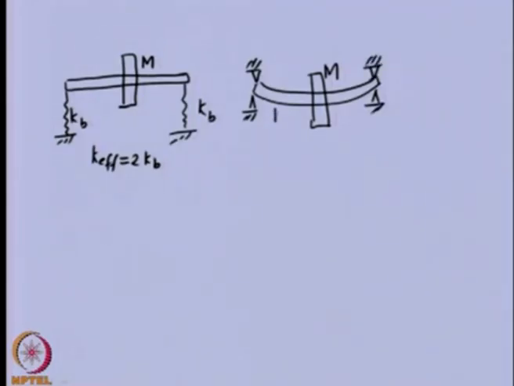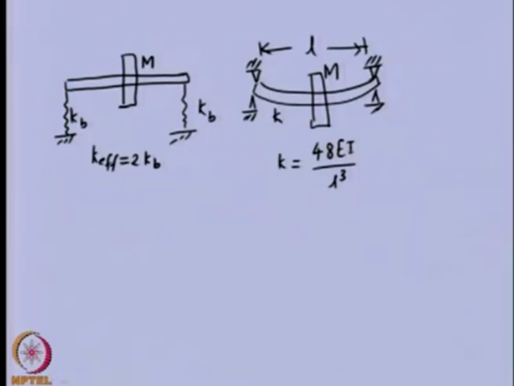The transverse stiffness of this shaft, from strength of materials, we can write as 48 EI by L cube, where L is the length of the shaft, E is the Young's modulus, and I is the second moment of area.